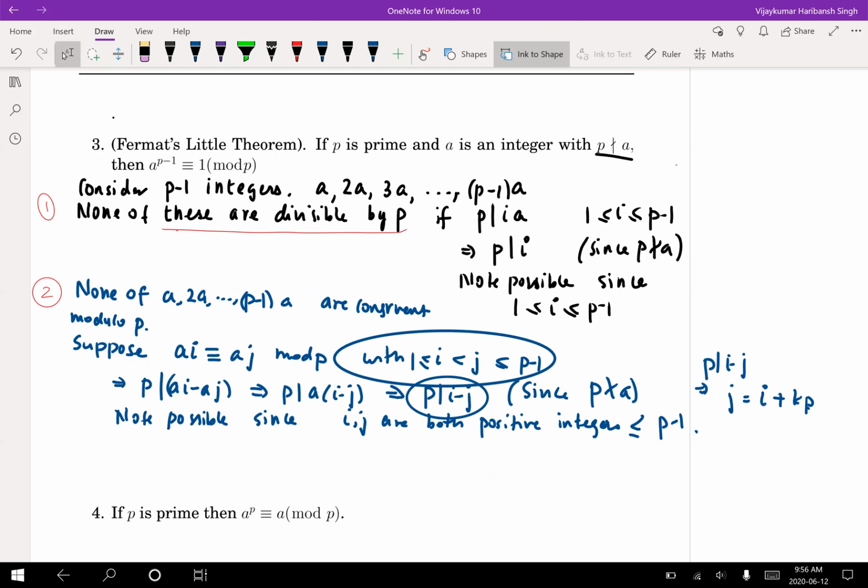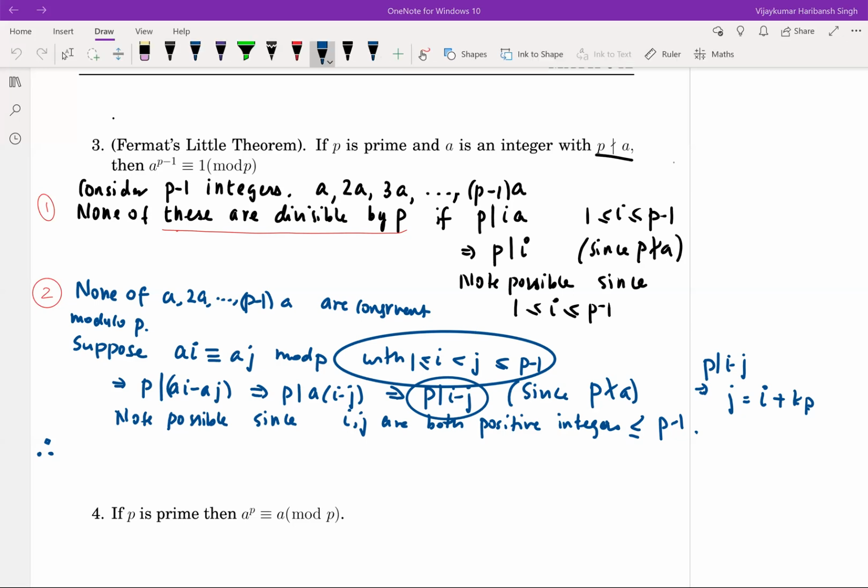So with that, if you go modulo p, therefore by a theorem, these numbers a, 2a, ..., (p minus 1)a must be 1, 2, ..., p minus 1 modulo p, in some order, of course.